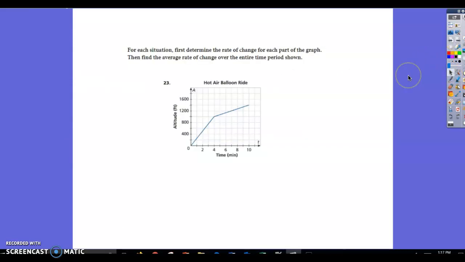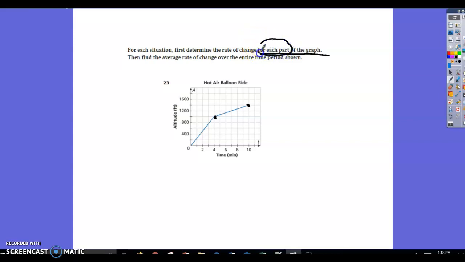All right, for each situation, first determine the rate of change for each part of the graph. Then find the average rate of change over the entire time period. Okay, so when it says find the rate of change for each part, that's because from here to here, you can see it's one steepness, and then from here to here is another steepness. So what they want us to do is to break it up and find the rate of change for each part.